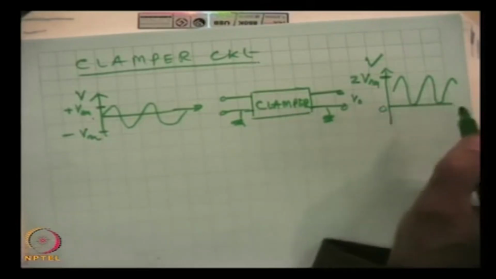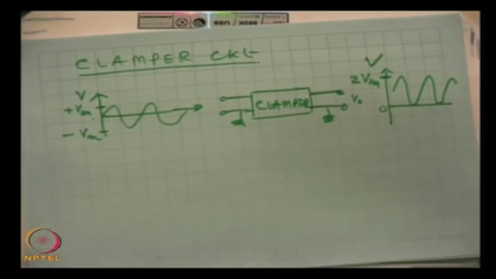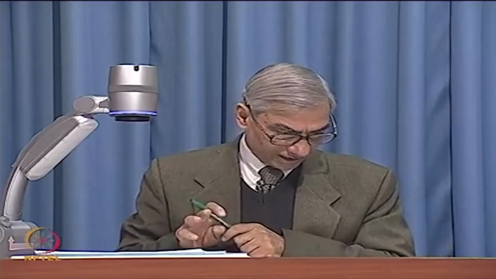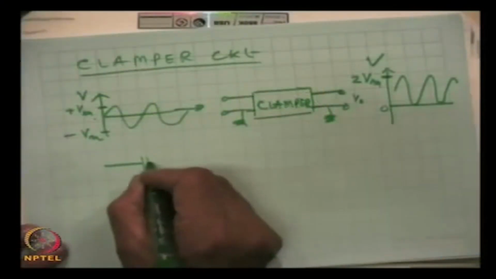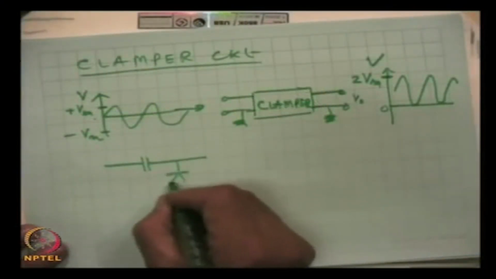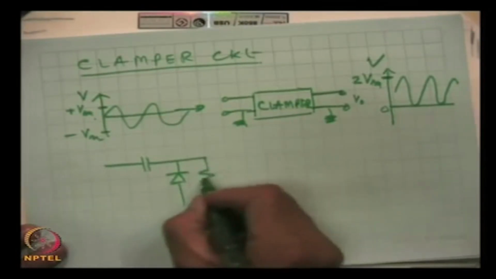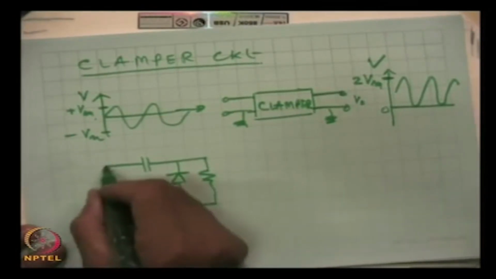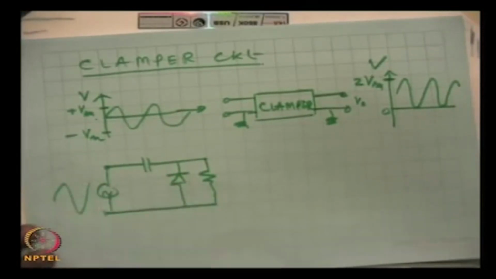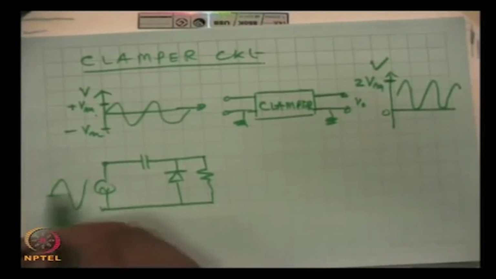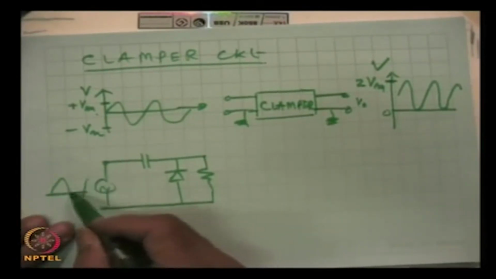This is the clamping action, very widely used in circuits wherever we want to shift the DC level of a varying wave. And one circuit I take makes use of a capacitor, a diode, and here is the load, and here we apply an AC wave like this. Now, what will happen at the lower half?